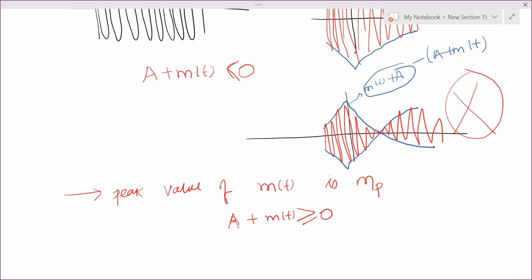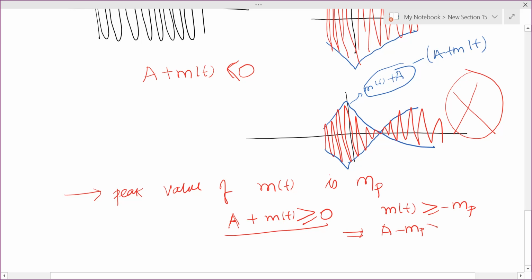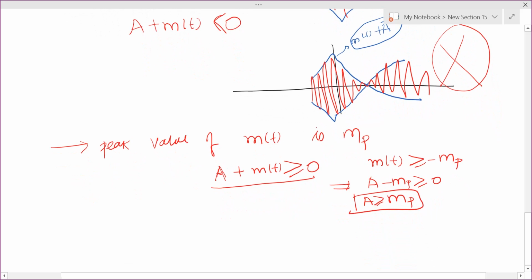Now, this condition is equivalent to, see, m of t is always greater than or equal to minus mp, right? Minus mp is the minimum value. So this condition is equivalent to A minus mp greater than or equal to 0, hence A should be greater than or equal to mp. So this is the condition to choose the amplitude of the carrier signal.